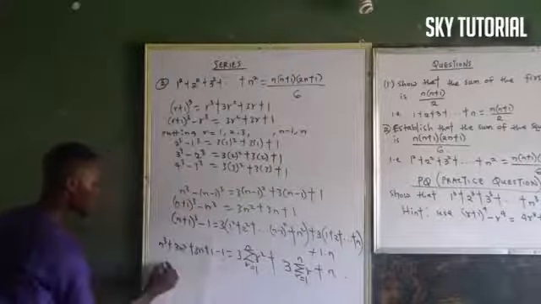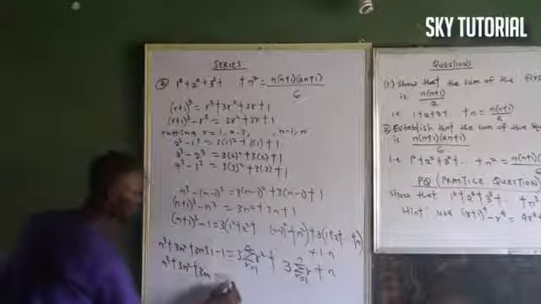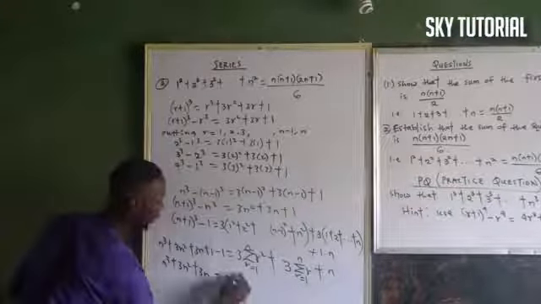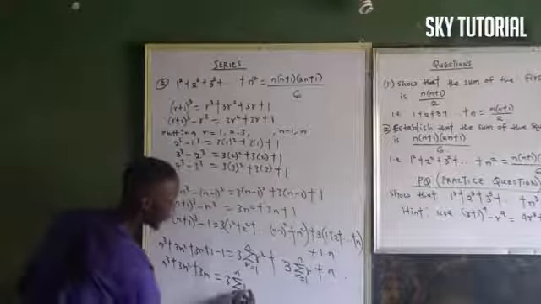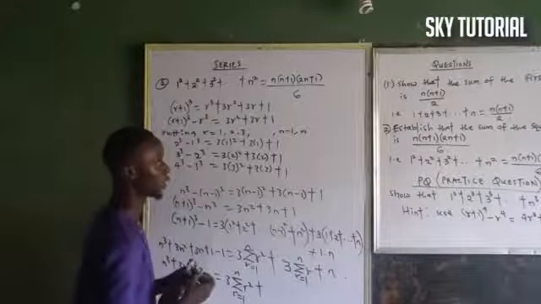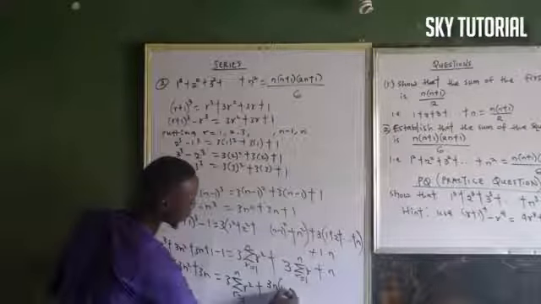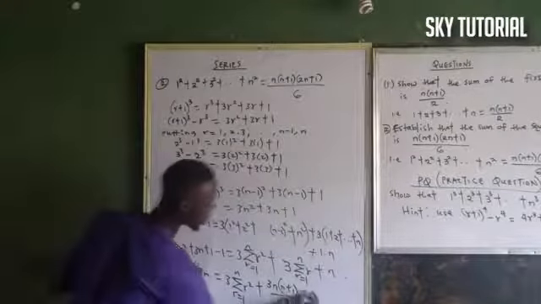So this cancels it. We have n^3 + 3n^2 + 3n = 3 summation r = 1 to n of r^2 plus this one we evaluated before, and we have the value to be n(n+1)/2. So we have 3n(n+1)/2 plus n.